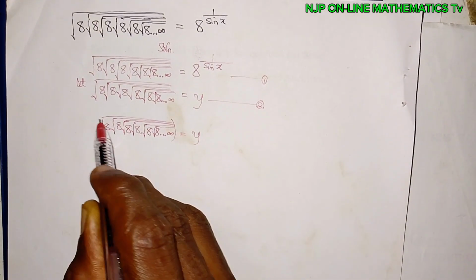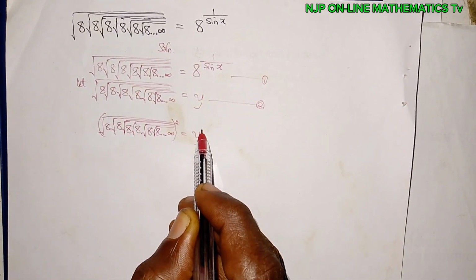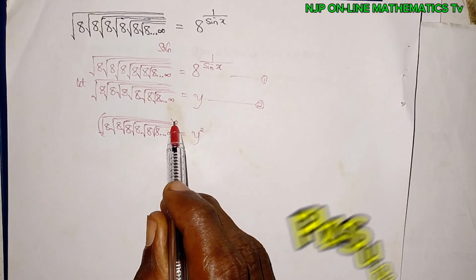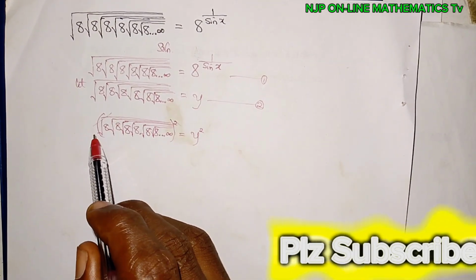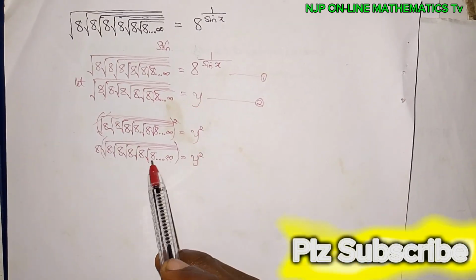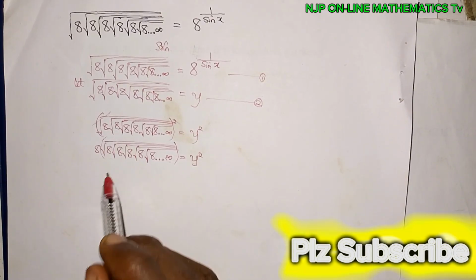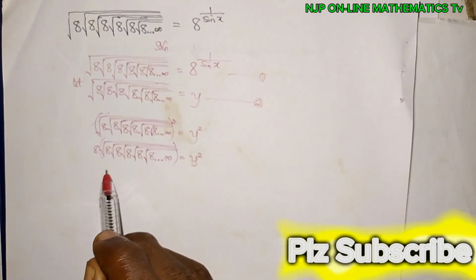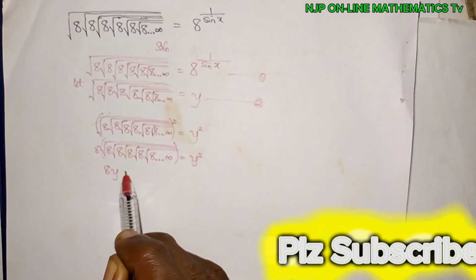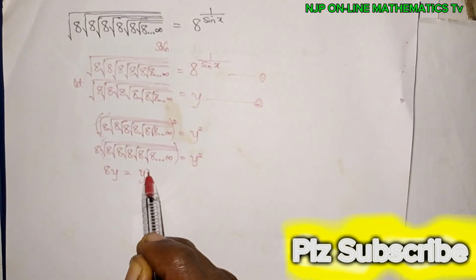Remember, we have to square both sides of the equation. So this square will take away the root for this whole expression. So we now have that 8y equals y square.